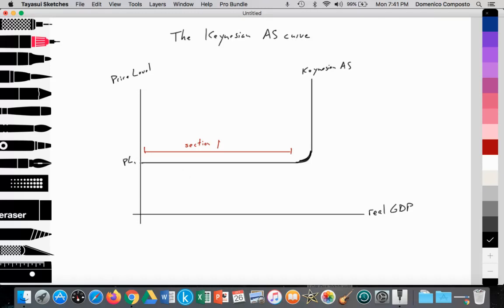So right here, resource prices will not fall below this particular point. And this is explained by, as we did in the previous video, labor contracts, minimum wage legislation, worker or union resistance to wage cuts, and even the employer's resistance to cutting wages. All of these factors explain why in a recession, the price level does not fall below a particular point. It hits a type of floor.